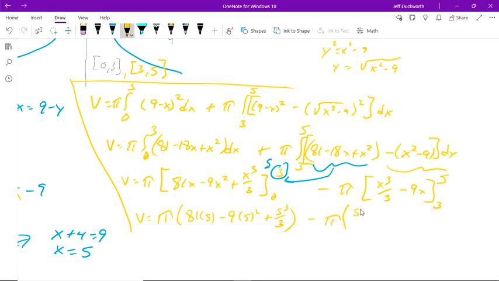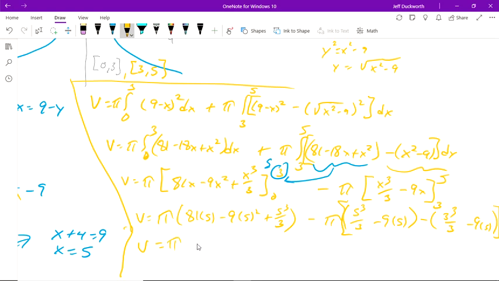So the 5 first. And then minus the 3. So 3 cubed, and 9 times 3. Okay. This is a hot mess.